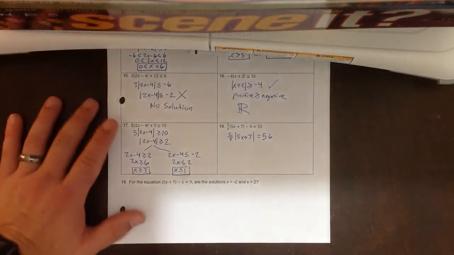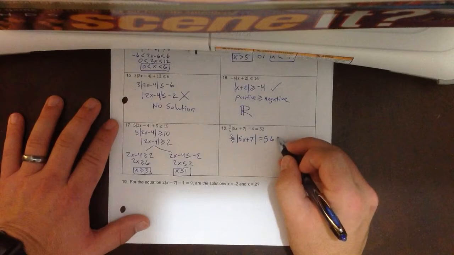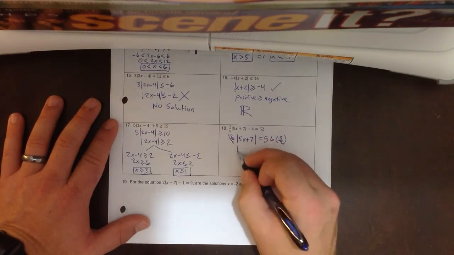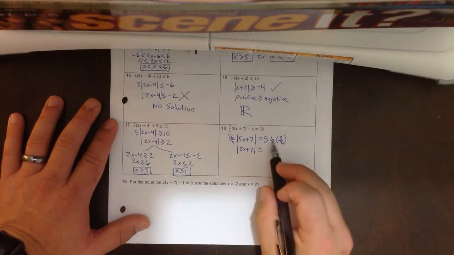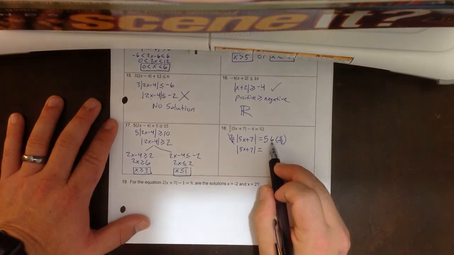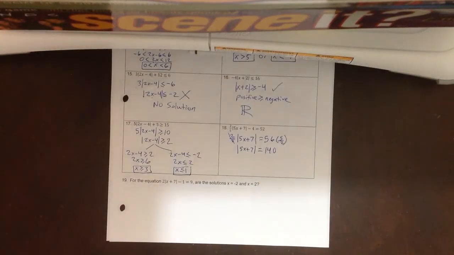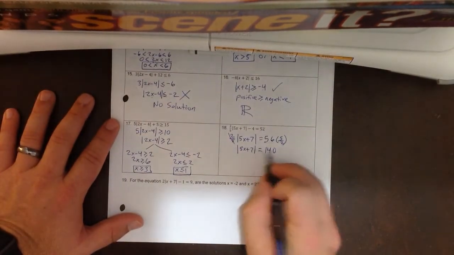Alright, I do not have a calculator on me, so we're going to test my mental math. We're going to multiply by the reciprocal, so we're going to multiply by 5 over 2. Alright, so 56 divided by 2 is 28, times 5 I believe is 140. Alright, I think that's right. And so now it's time to branch it.